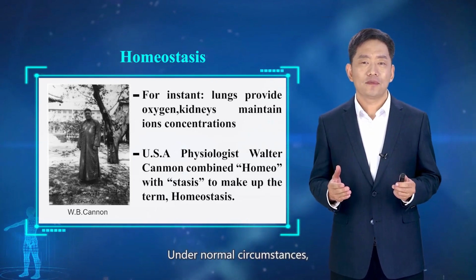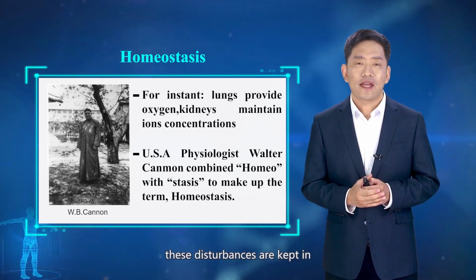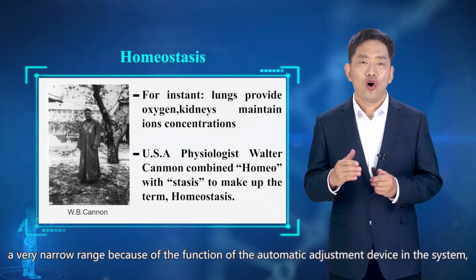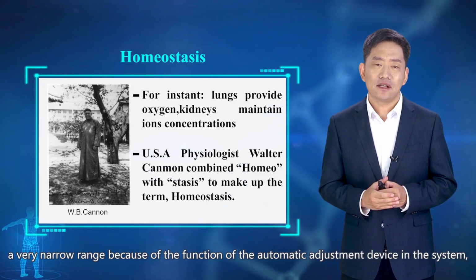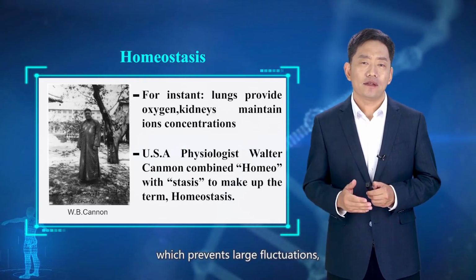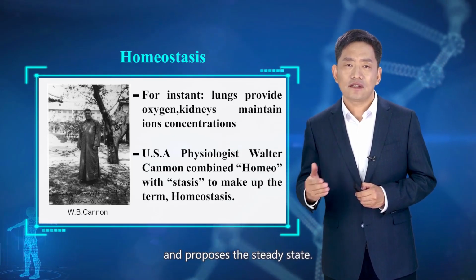Under normal circumstances, these disturbances are kept in a very narrow range because of the function of the automatic adjustment systems, which prevents large fluctuations, and he proposed the steady state.